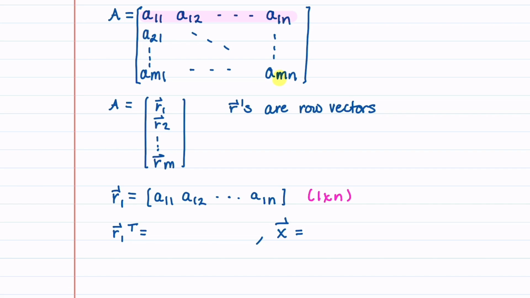Before we write down the formula for this second method, we need to learn two new concepts. The first is called the transpose of a matrix. The transpose of a matrix switches the rows and the columns of the matrix. Since R1 is a 1 by n matrix, R1 transpose will be an n by 1 matrix and look like this.